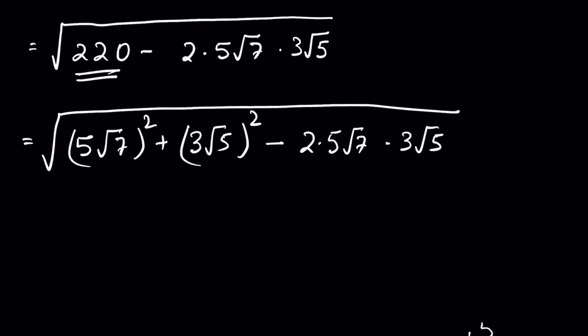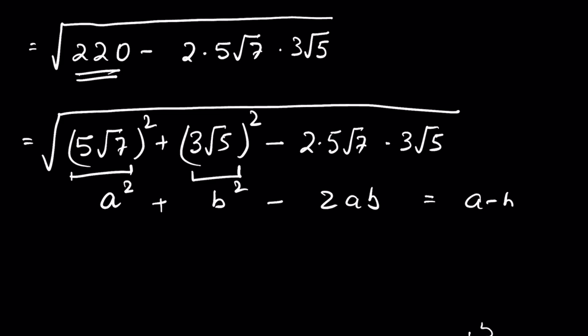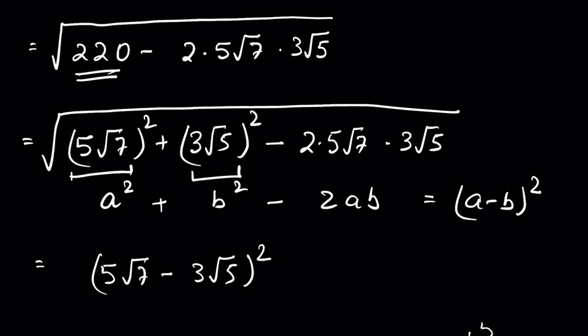Now if you consider 5 times square root of 7 as a and 3 times square root of 5 as b, then it is in the form of a square plus b square minus 2ab. So this is equal to a minus b whole square. So we can write 5 times square root of 7 minus 3 times square root of 5 whole square under square root.